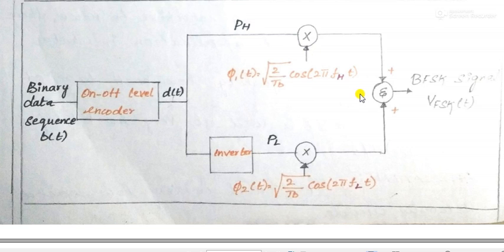So FH is equal to FC plus del F for binary symbol 1.